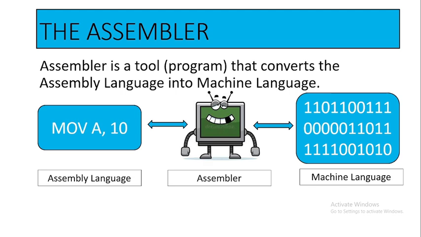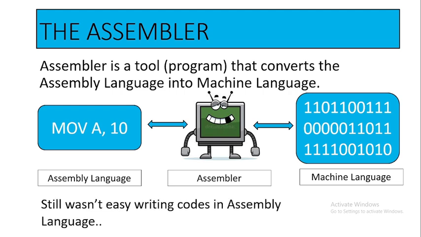We humans are comfortable with move A, 10, that is symbols, but the computer understands zeros and ones. So the assembler comes between the assembly language and the machine language to convert from assembly language to what? To machine language.